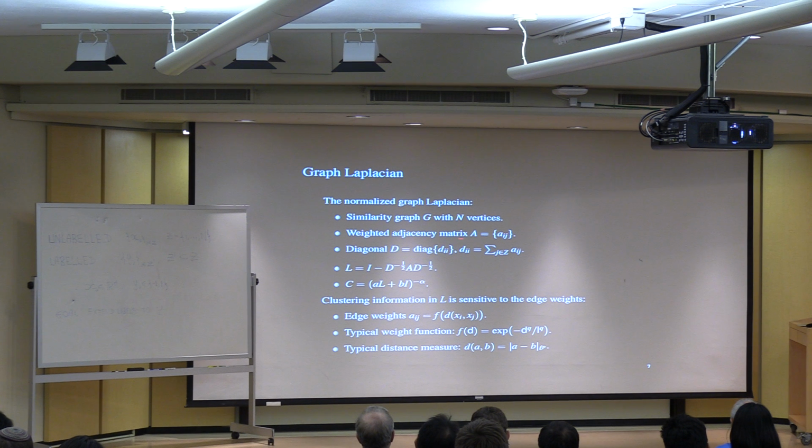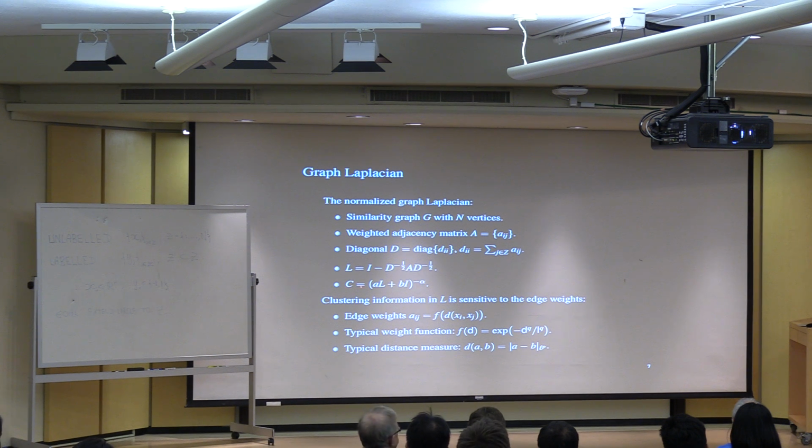Then we get a weighted adjacency matrix on this graph. We can create a diagonal matrix by summing along rows, and then get what's known as the normalized graph Laplacian L, created in this fashion here.